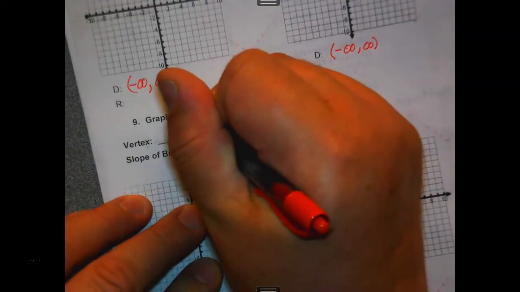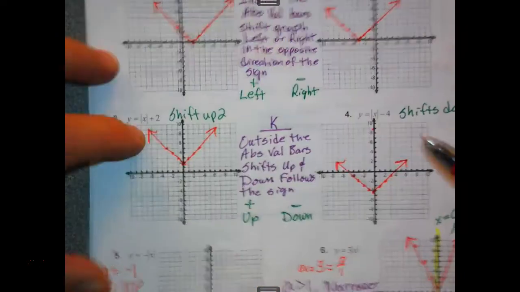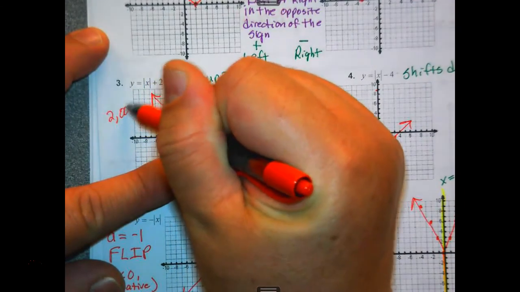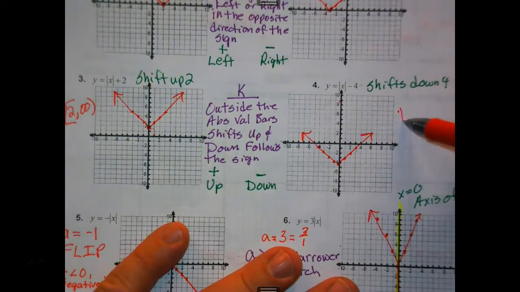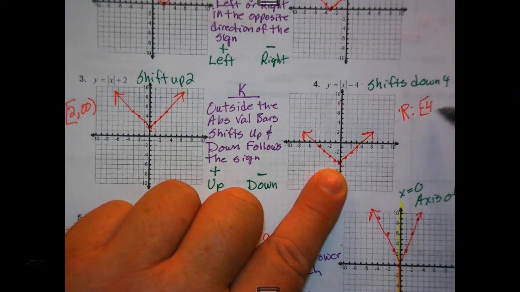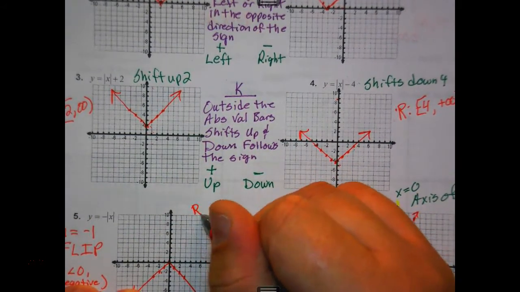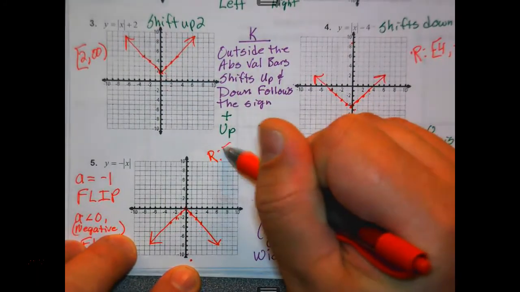We don't know which one. It could be either positive or negative infinity. But I'm looking at the lowest number for my range. This one is 2, so it's going to be 2, positive infinity, including 2. The range for this one is going to be -4, positive infinity. The range for this one is going to be 0 to negative infinity, including 0.